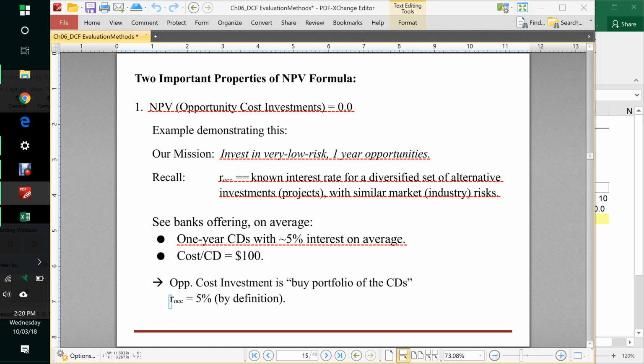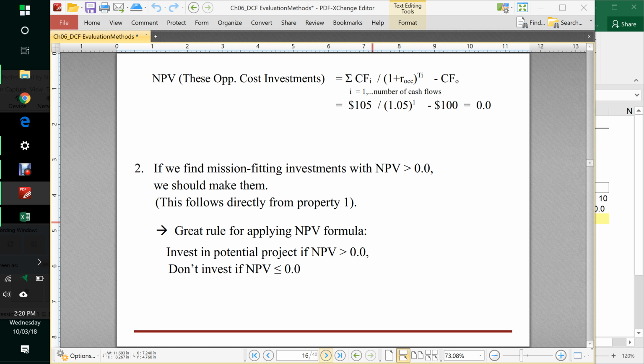That would be on the assumption that instead of looking at a single project, we'd buy this diversified set of 100 CDs, and we'd get a weighted average return of 5%. Okay, so now let's take the NPV of these. If we invest in all 100 of these, we're going to get a weighted average 5% return.